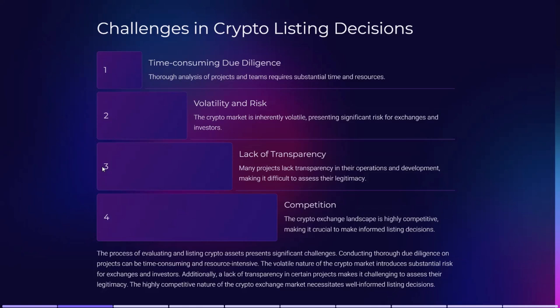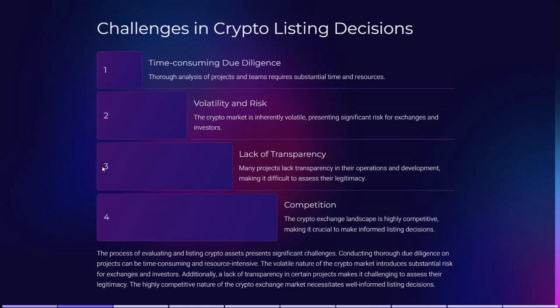And number 4, competition. Currently the crypto exchange landscape is definitely highly competitive. So it's very important to make informed listing decisions so that we instill confidence in our crypto users by using our platform. The process of evaluating and listing crypto assets does come with very significant challenges.